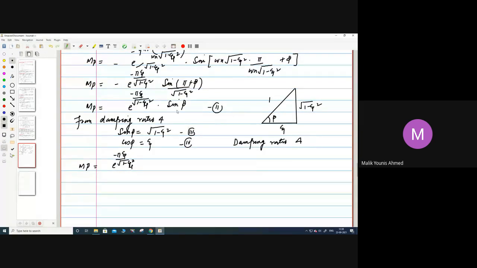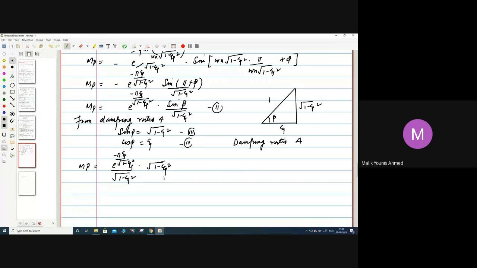So here this denominator will be there. I write it here now. Under root of 1 minus xi square. So that will be divided by under root of 1 minus xi square into sine phi. Instead of sine phi, we can write under root of 1 minus xi square. So this and this will get cancelled.